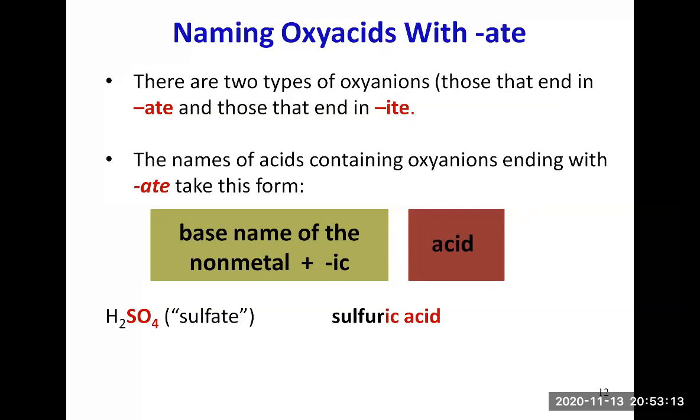So from sulfate, it becomes sulfuric acid. And HClO4, for example, we said there was the perchlorate ion in there. ClO4 -1 is the perchlorate. And so you change the ending ate to ic, and it becomes perchloric acid. So we differentiate them from the binary acids because these don't have the prefix hydro.